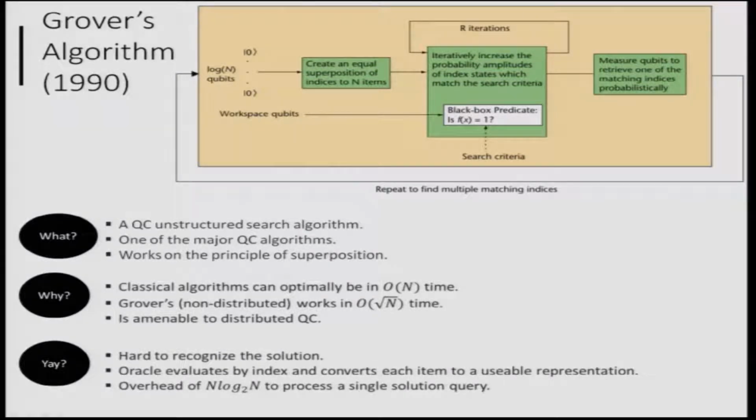It works on the principle of superposition. Typically, classical algorithms can optimally work in order n by 2 time, to be precise, minimum. Grover's non-distributed principle works in order root n time.